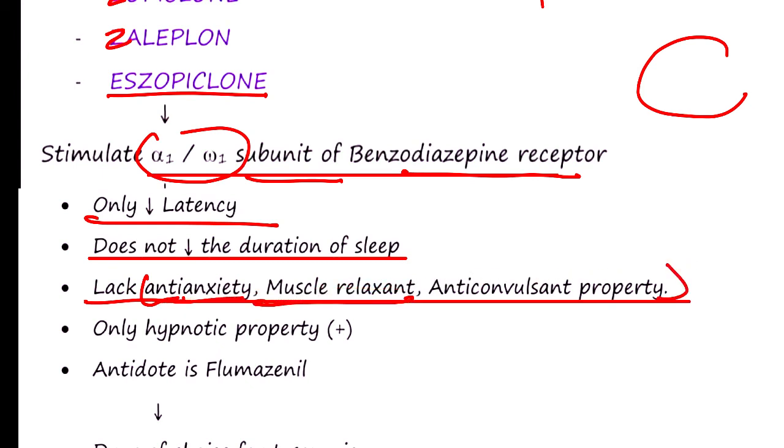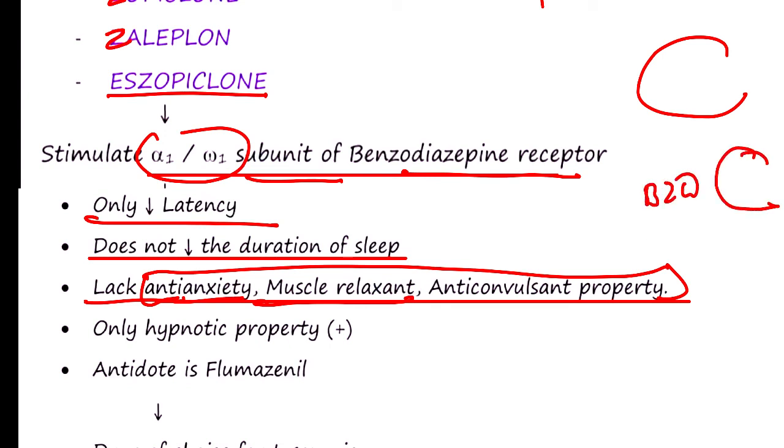As I have already mentioned, overall benzodiazepines act on the alpha unit, and this alpha unit is divided into alpha 1 and alpha 2. Alpha 1 was responsible for sedation and hypnotic effects, and alpha 2 for anti-epileptic and muscle relaxant properties.